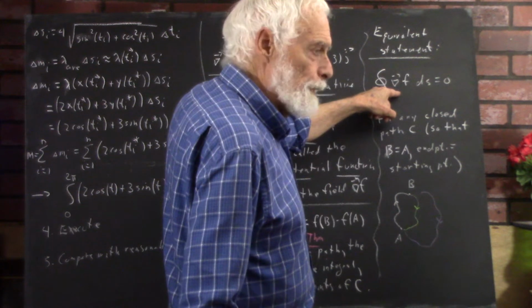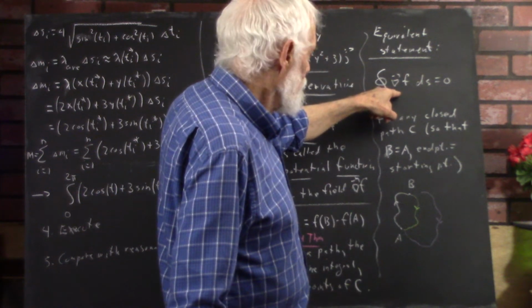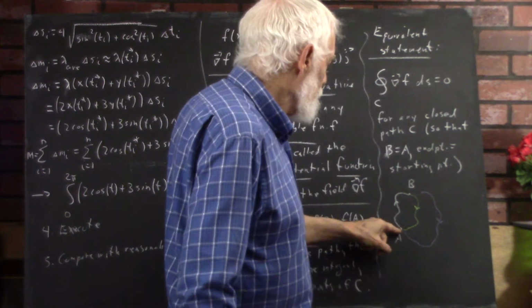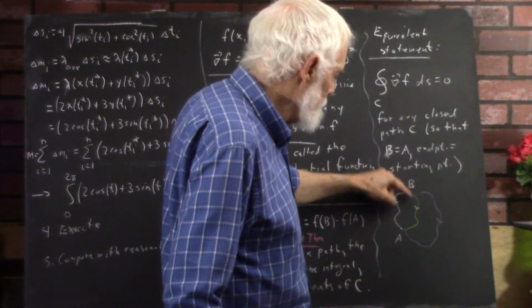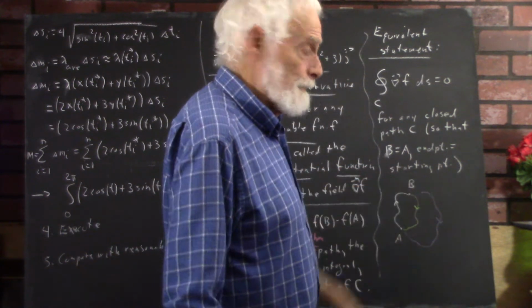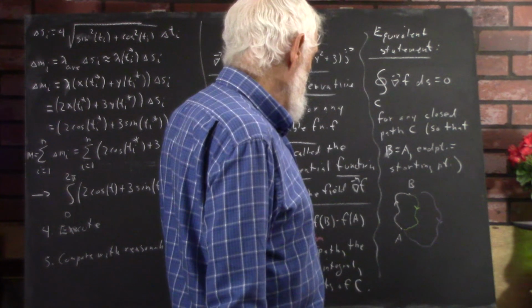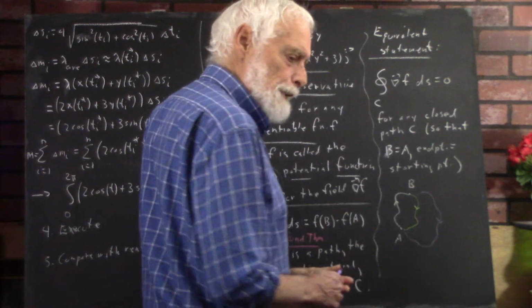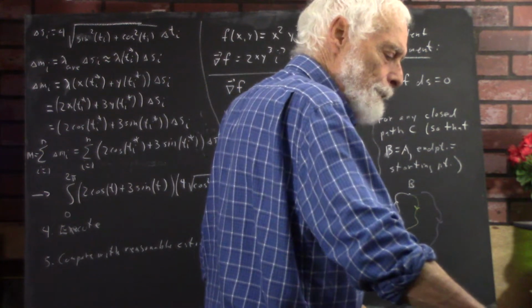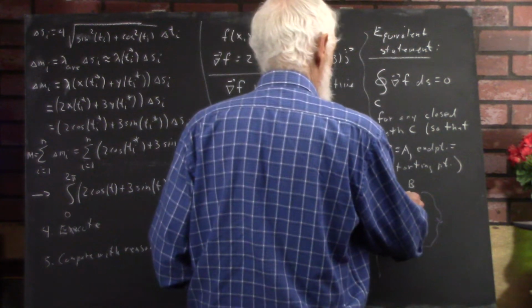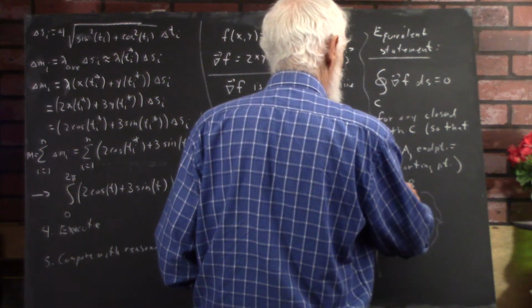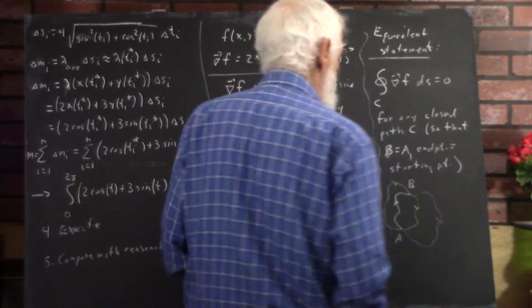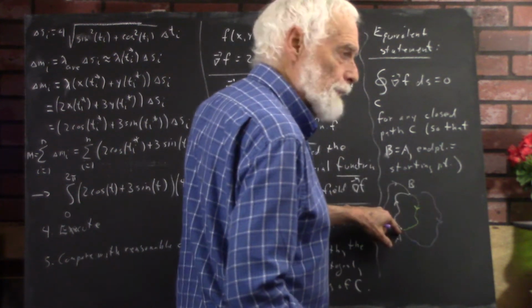Because if we assume that the integral over any closed path is 0, whatever the integral is from here to here, the integral from here back to here has to be its negative. Okay? Which says that it doesn't matter how I get from A to B. If I take alternative paths from A to B, and that's the way I should have drawn it, then any path from B back to A is going to give us 0.